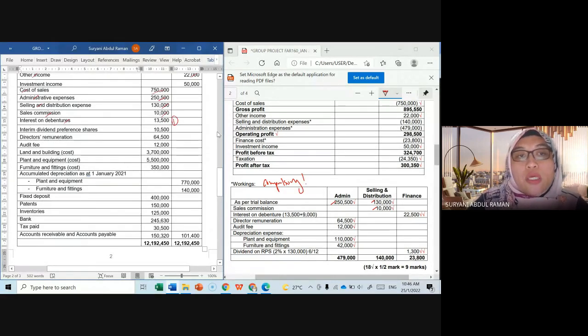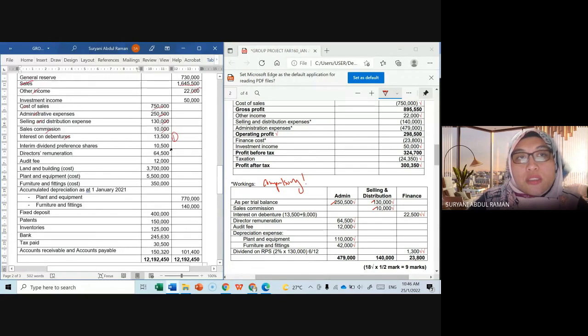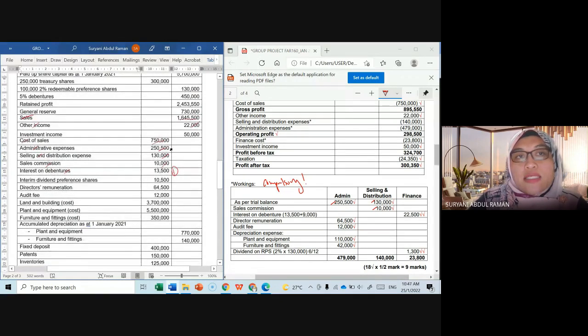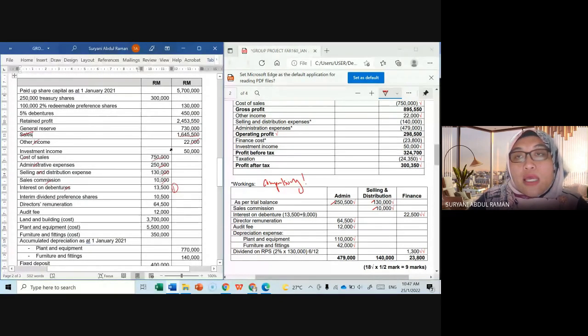But how much? Look up the debenture again. The concept is the same as your bank loan. Look at the interest on debenture. This is the rate of interest on the debenture that you borrowed. The rate of interest is for a year. Meaning that if you borrow 450,000, you need to pay interest of 5% per year.